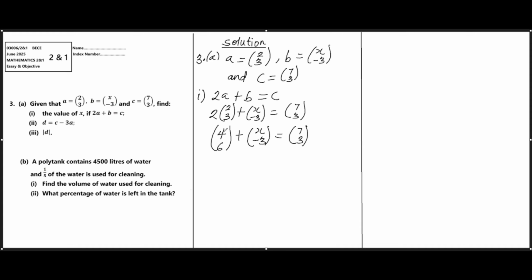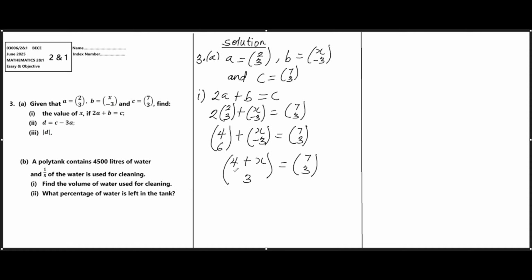So we are adding the x components: 4 plus x, and then 6 plus minus 3, which is the same as 6 minus 3, we have positive 3. So this must be equal to 7, 3.